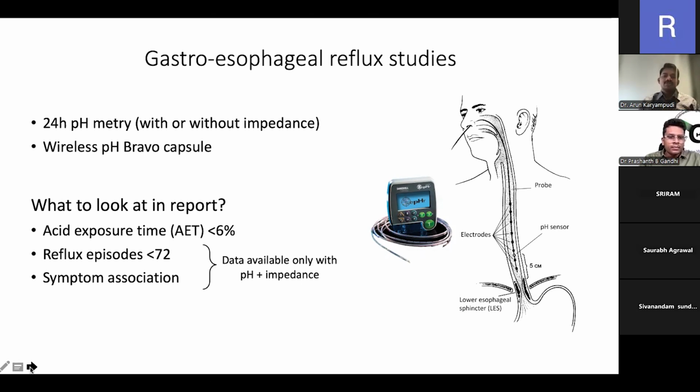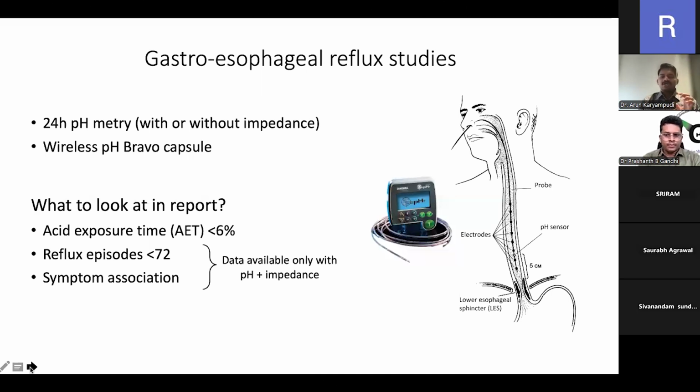Once you complete the study, what do you see in the final report? You basically see 3 parameters. The first is the acid exposure time, which we call AET in short. Acid exposure time will be available with both pH and impedance studies.